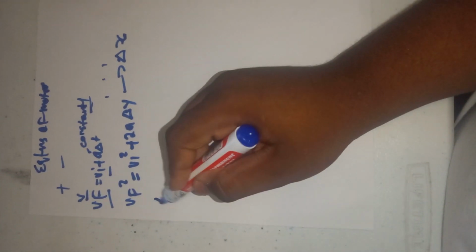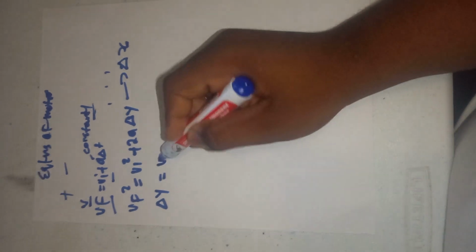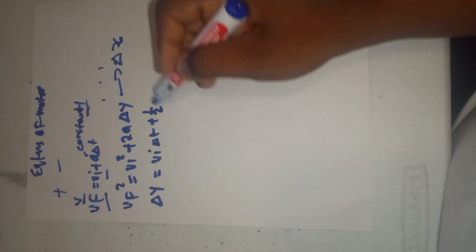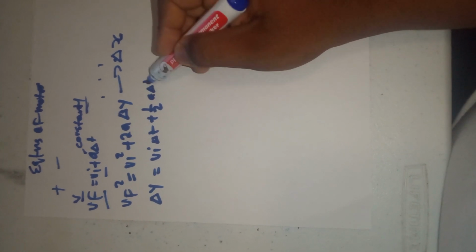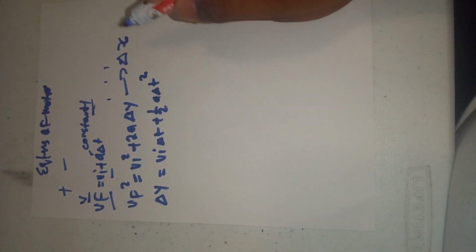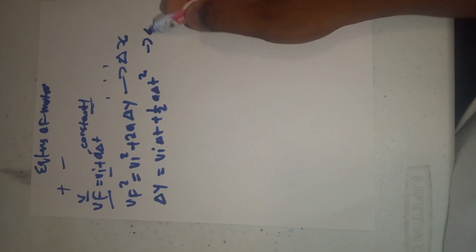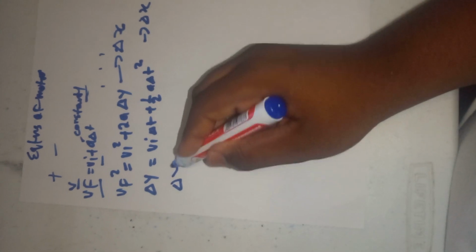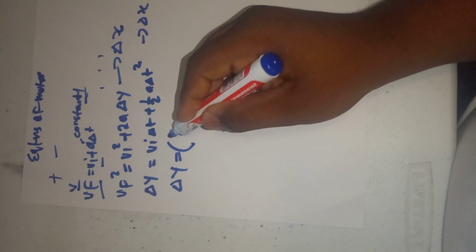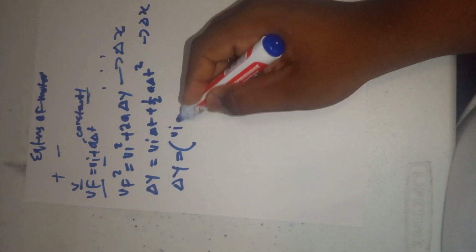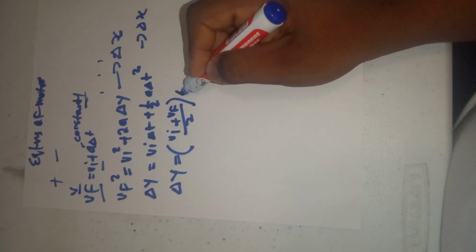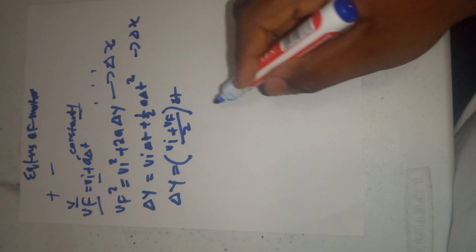The next one will be delta y equals vi delta t plus half a delta t squared. And on the horizontal one, it is delta x. Now the next one that you can use is delta y equals open bracket vi plus vf over 2 close bracket times delta t, which is time.